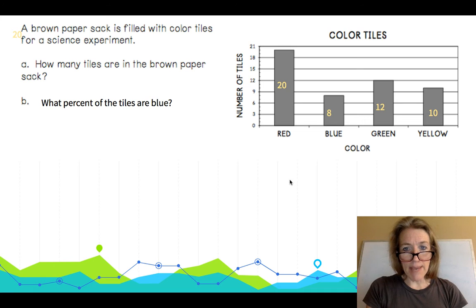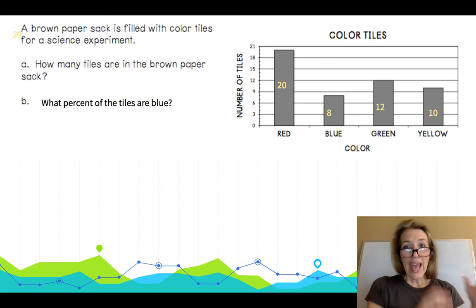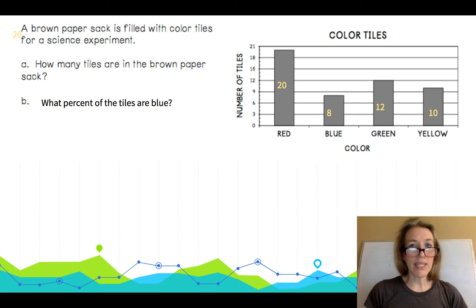So you can see that we've got 20 reds, 8 blues, 12 greens, and 10 yellow tiles in this bag. But you can see the representation of it. And that's essentially what a bar graph is. It takes the data from a survey and puts it into a display that you can easily understand, and it will help you make a decision.